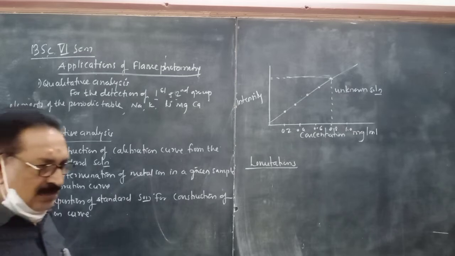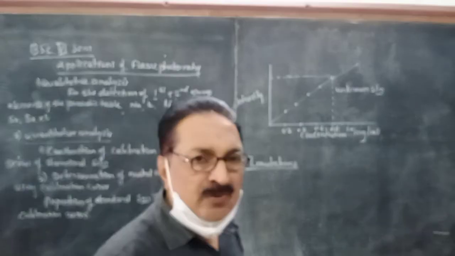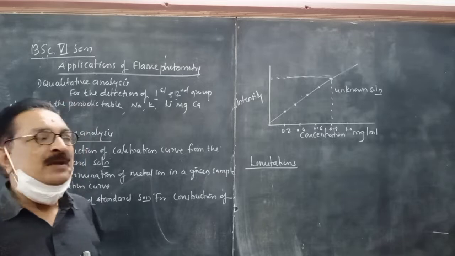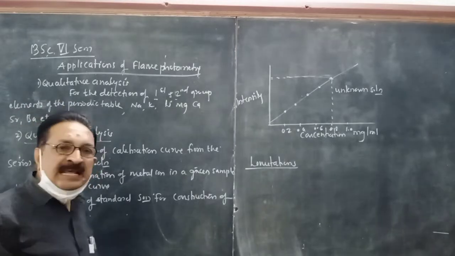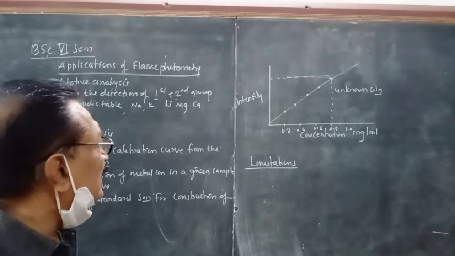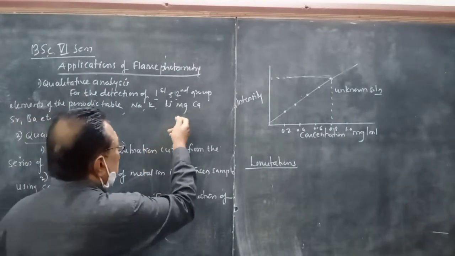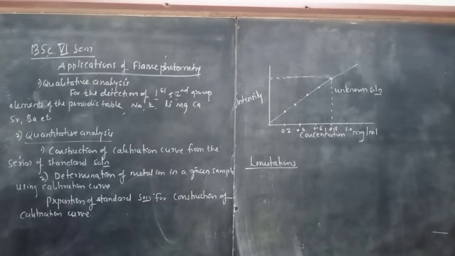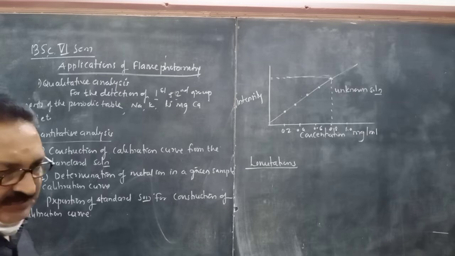Elements like sodium, potassium, rubidium belong to the first group. Similarly, lithium, magnesium, calcium, strontium and barium belong to the second group. And here, these elements can be easily detected by their flame test.